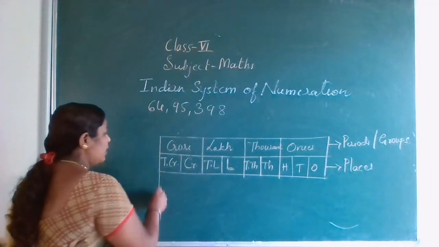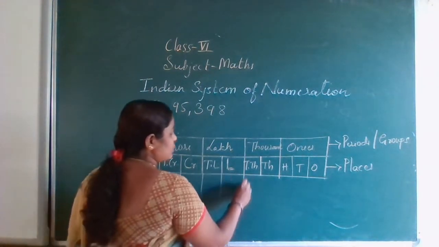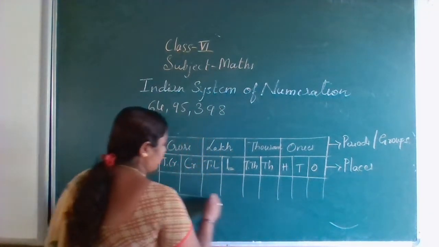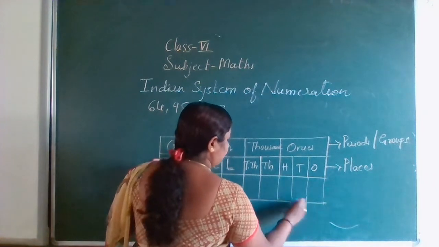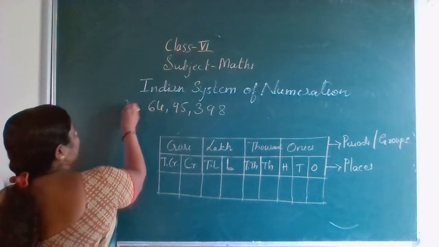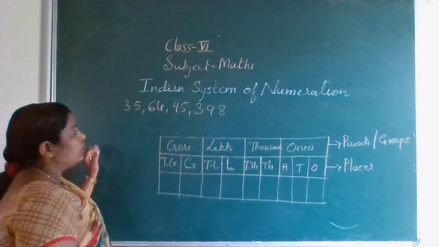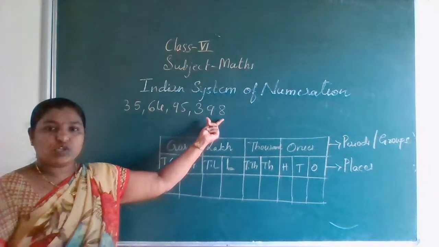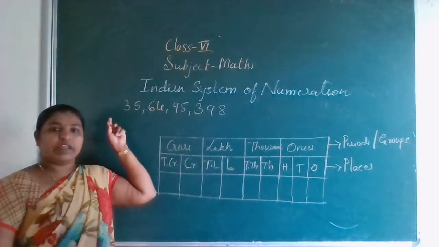So according to this, shall we write this number? I'll take 2 more digits. Always in mathematics we should come from right to left.